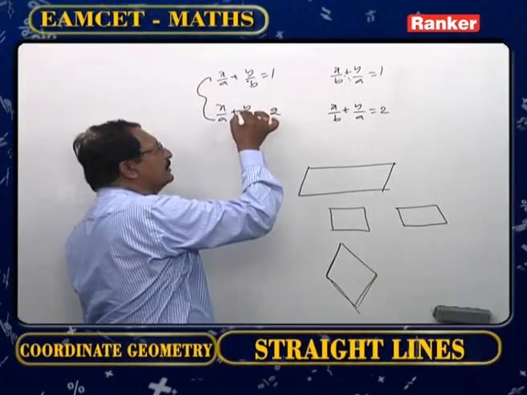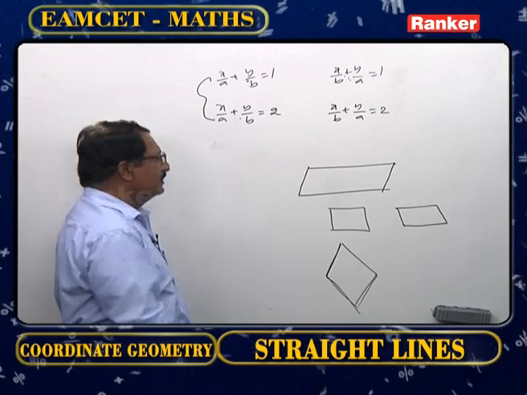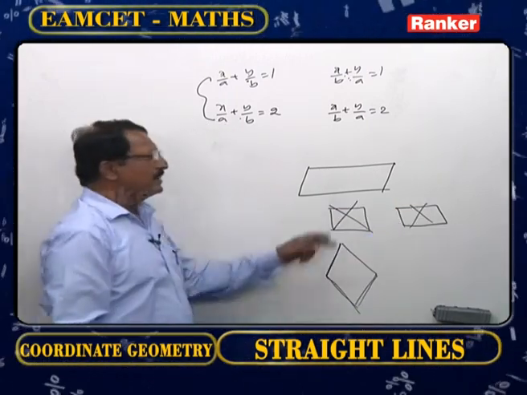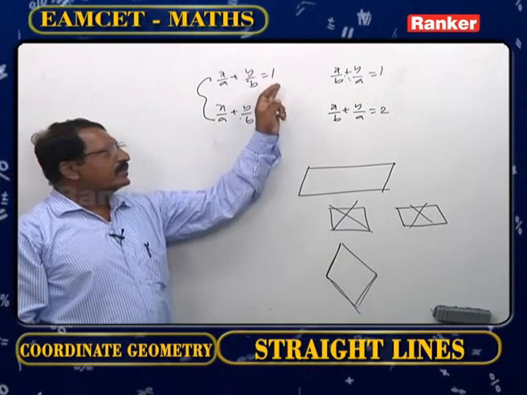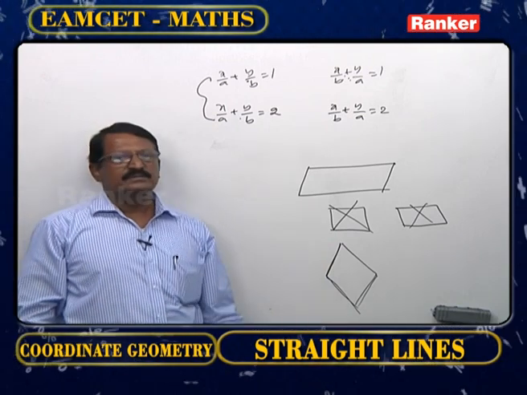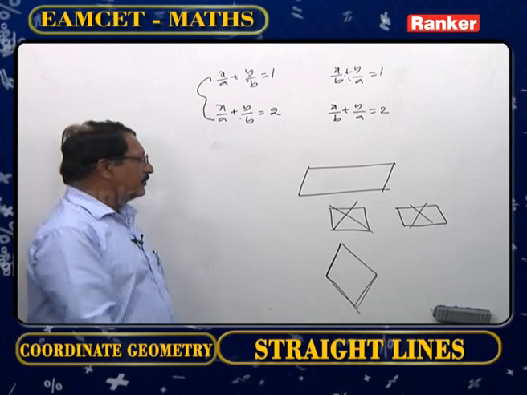Lines 1 and 2 are not perpendicular, 2 and 3 are not perpendicular, 3 and 4 are not perpendicular. Then the lines do not form a square or rectangle. Now the given four lines form a parallelogram or rhombus.